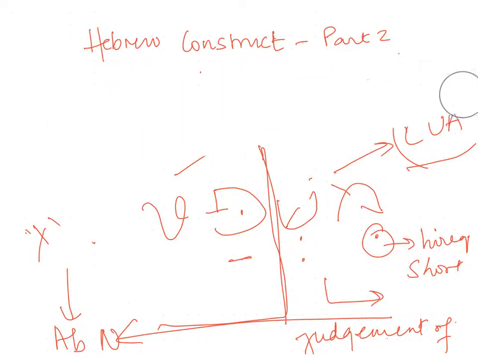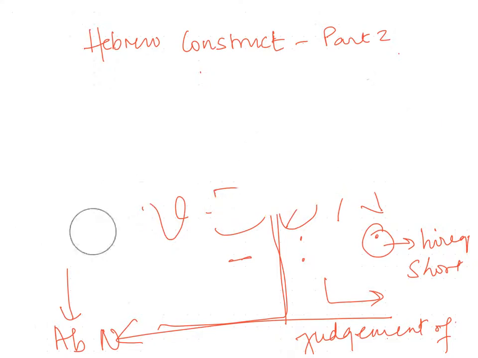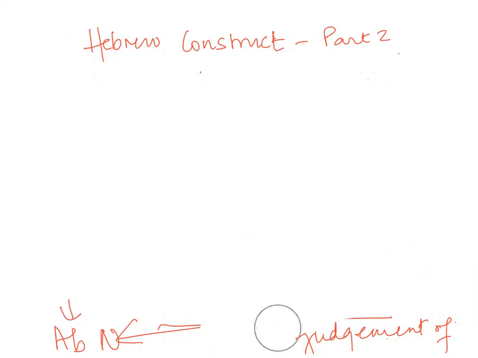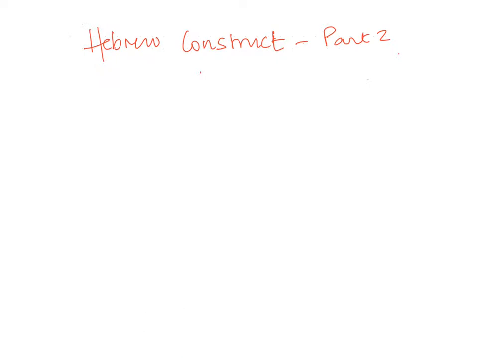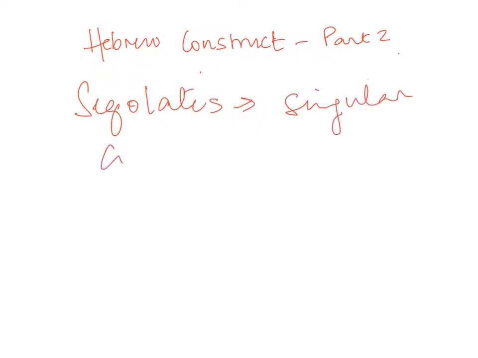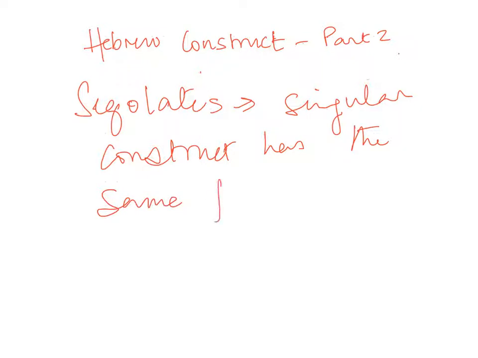What about a bisyllabic noun like segolates? Bisyllabic nouns like segolates. So segolates, remember, are bisyllabic. What about that? Well, nothing to worry about. Their singular construct has the same form as the singular absolute.